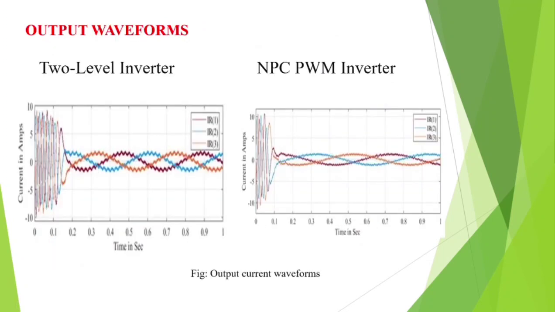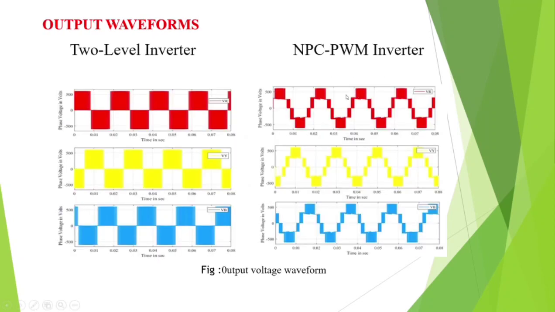By observing the current waveform of both inverters, we can say that the harmonics that are produced in 2-level inverters are eliminated in the multi-level inverter. Similarly, in the phase voltage waveform also, we can say that the power quality is improved by increasing the levels in the inverter compared to a 2-level inverter.